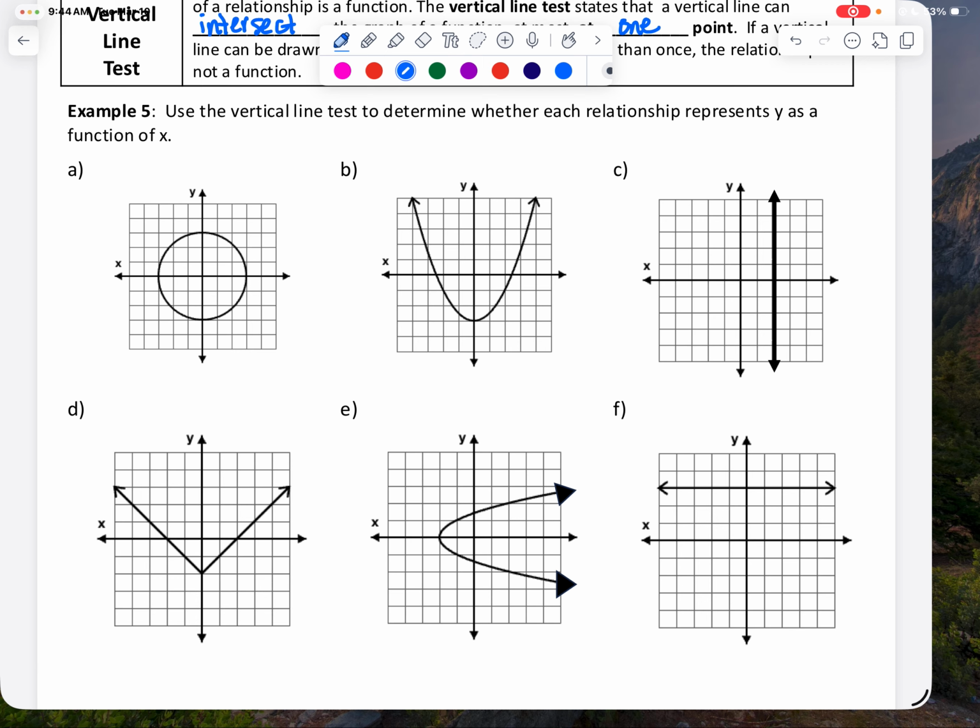If it intersects more than once, it's not a function. So let's just draw a random vertical line here. Notice it intersected that circle here and here. So if you can draw a vertical line that intersects this graph more than one time, it is not a function.